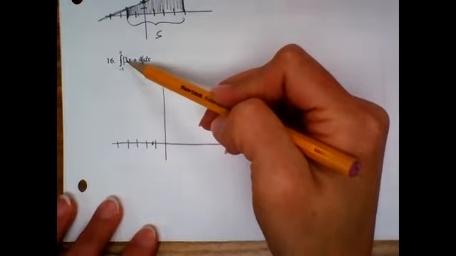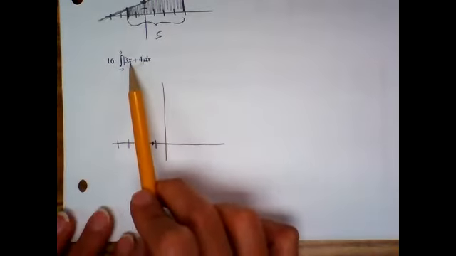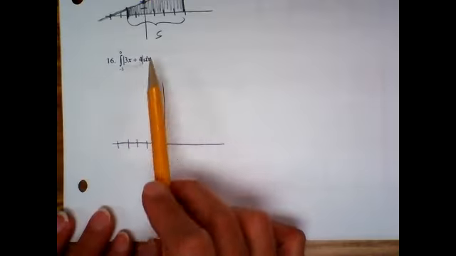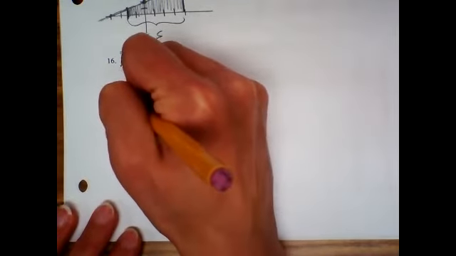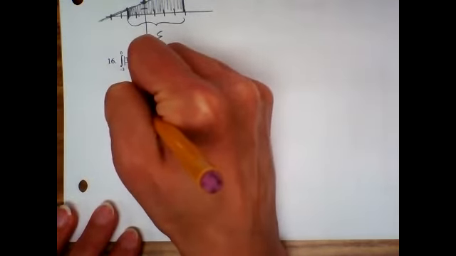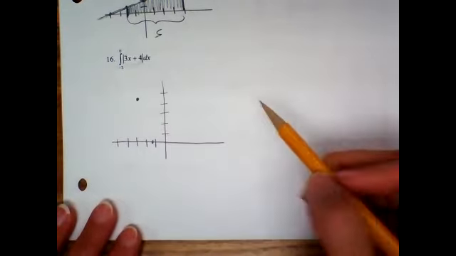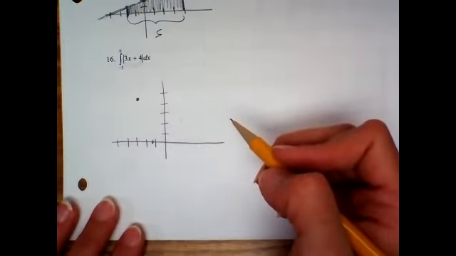So if you plug in -3, what's that going to give you? Think it through. If you plug in -3, good, it'll be -5, and then you absolute value it and get +5. So -3, 5. And then if you plug in 0, what do you get? 4.